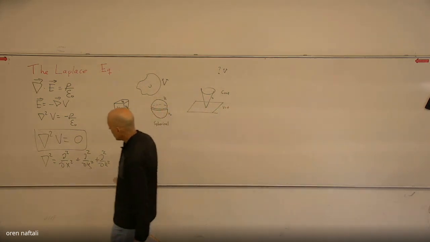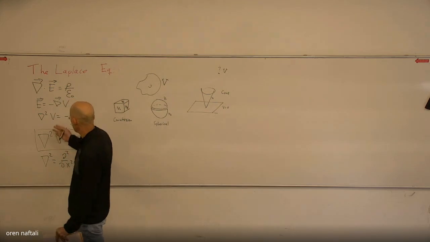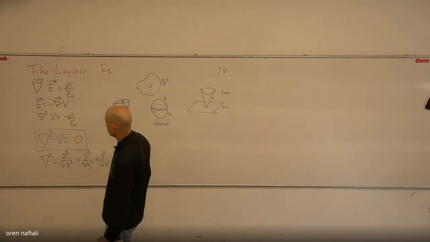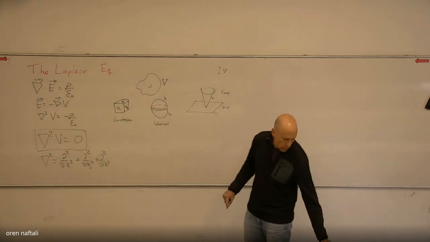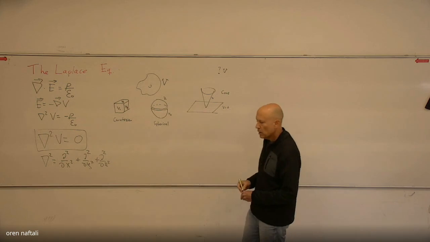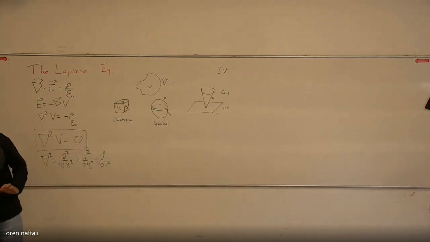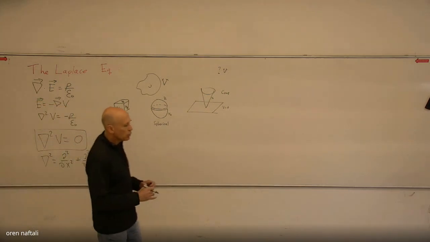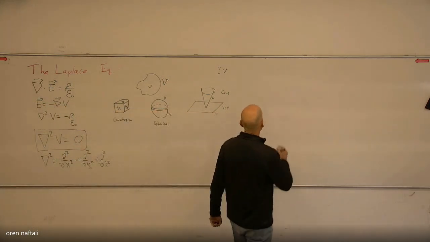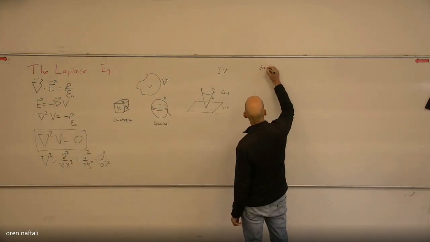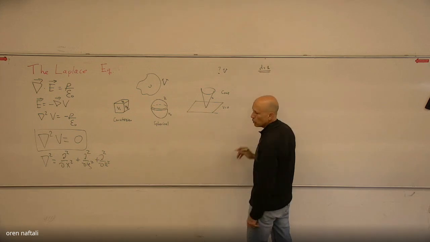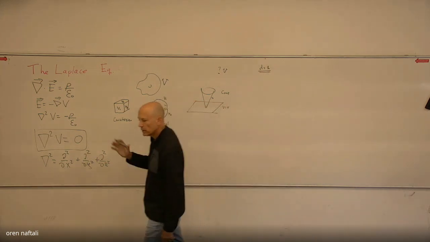Okay, so we have this operator, and we have this equation, the Laplace equation. The first thing to do when you have an equation in physics is to make it as simple as possible before doing anything. How do we make it as simple as possible? We say, okay, let us work in dimension 1. We know that the world is not one-dimensional, but let us start with this.